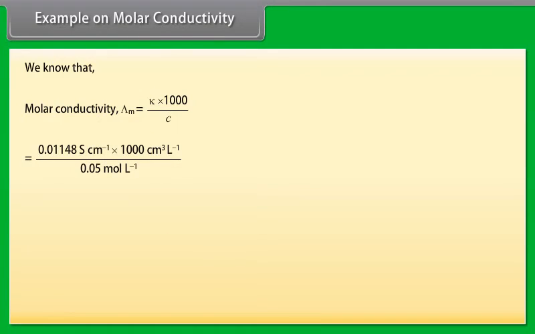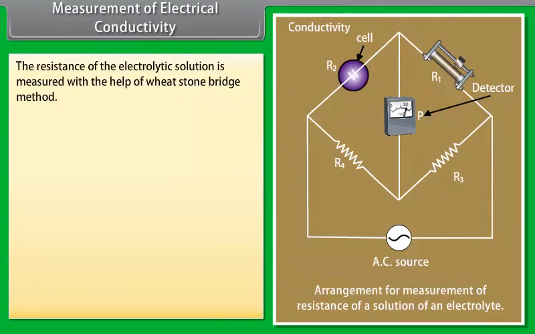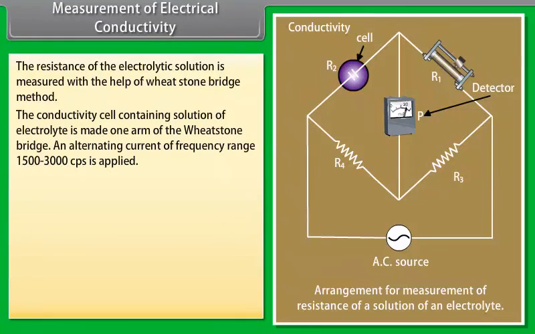For V centimeter cube of the solution containing 1 mole of electrolyte placed between two large electrodes 1 centimeter apart, the relationship between conductivity and molar conductivity is given by λm equals the product of kappa and volume.